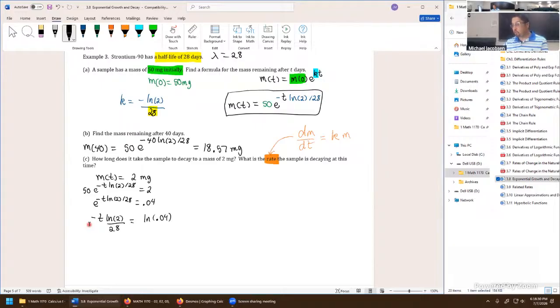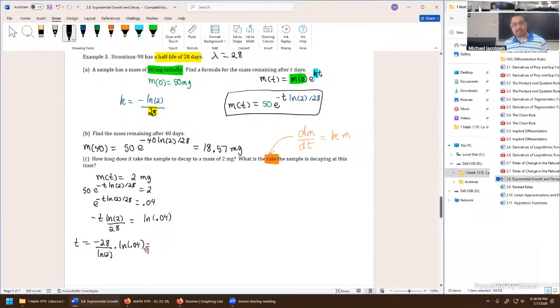And all we have to do is multiply by the reciprocal of negative log 2 over 28 into the right-hand side. Well, both sides, really. So time is negative 28 over natural log 2 times the natural log of 0.04.